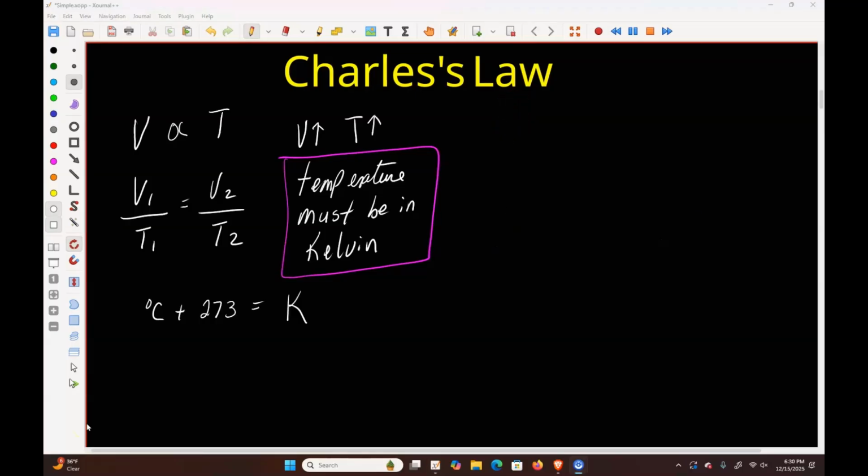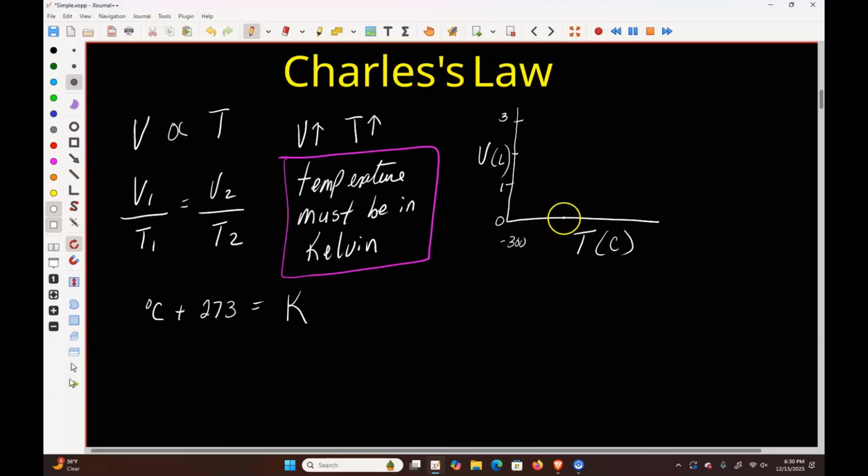Okay, if I were to graph this, we'll have volume in liters, and let's have our temperature in degrees Celsius. Okay, so my volume is 0, 1, 2, 3, and so on. Temperature is minus 300, minus 200, minus 100, 0.